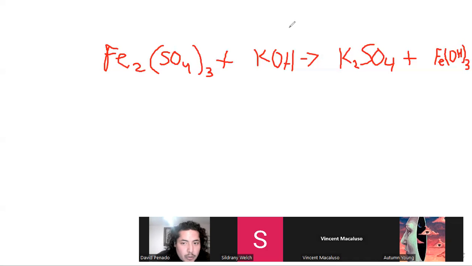Okay, so this one here counts as one element. For the SO4 that you just underlined before, would the O have 12 because you multiply it by 3 or no? No, it's three of these together. Oh, okay.